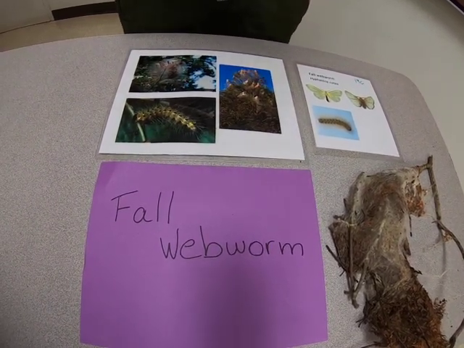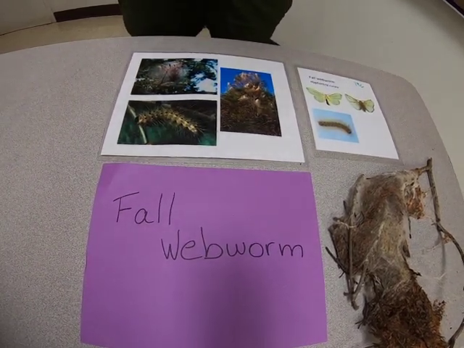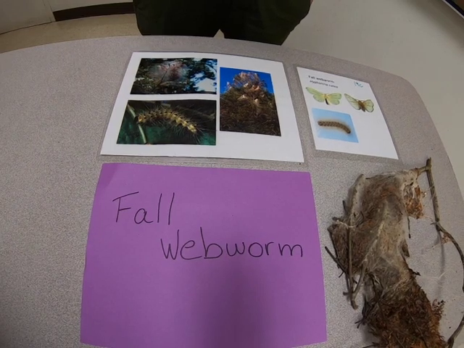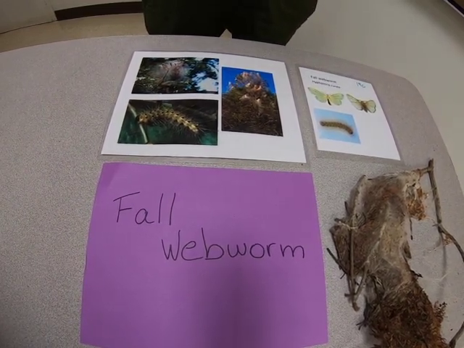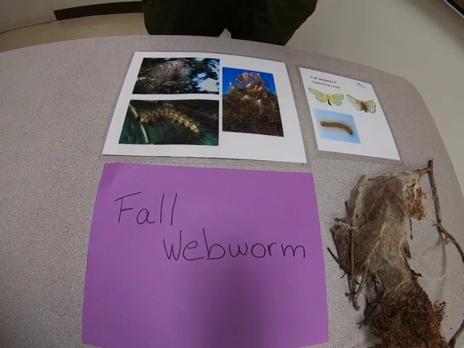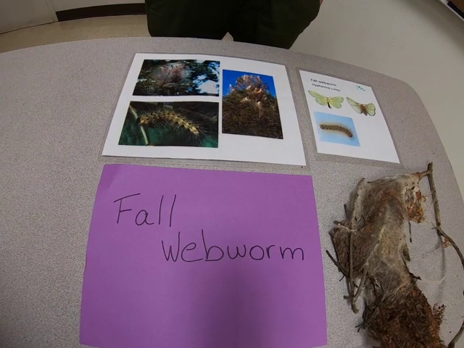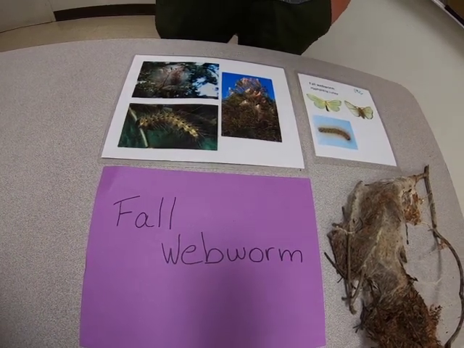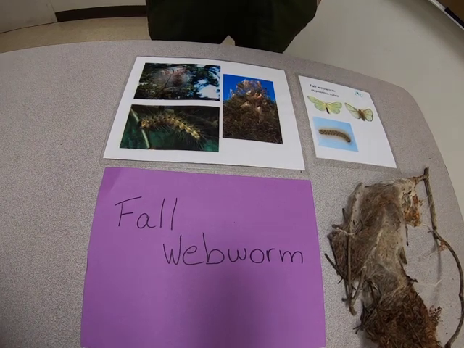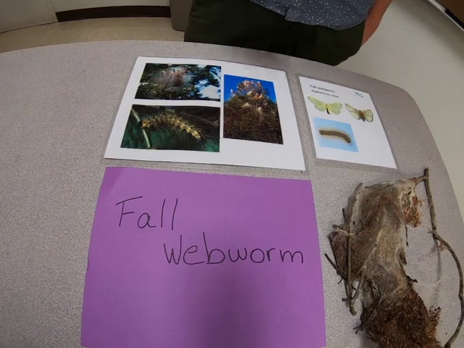But anyway, this is caused by actually a type of moth, even though it's called webworm. It's a Lepidoptera species, and this species, Hyphantria cunea, is native. What you're seeing is generally the larval stage.